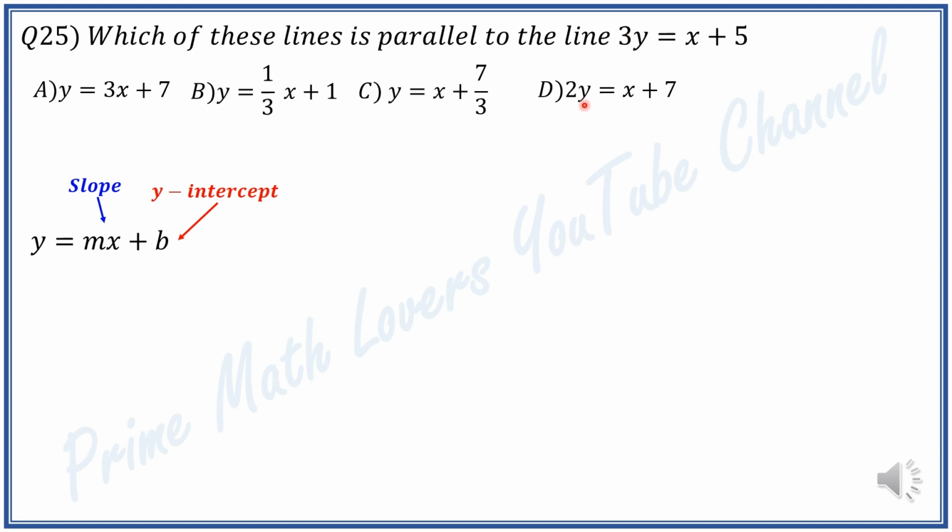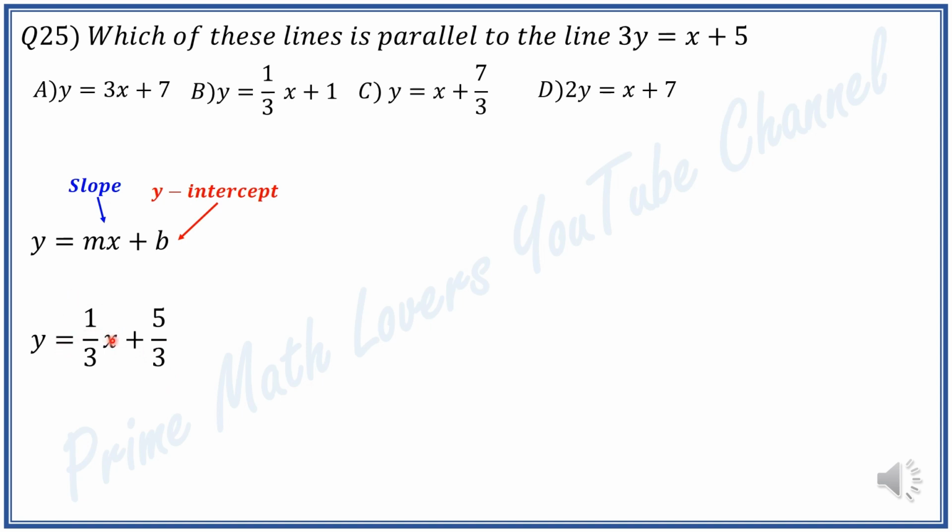So we have 3y is equal to x plus 5. We can isolate y by dividing both sides by 3, and we get y is equal to 1/3 of x plus 5 over 3.